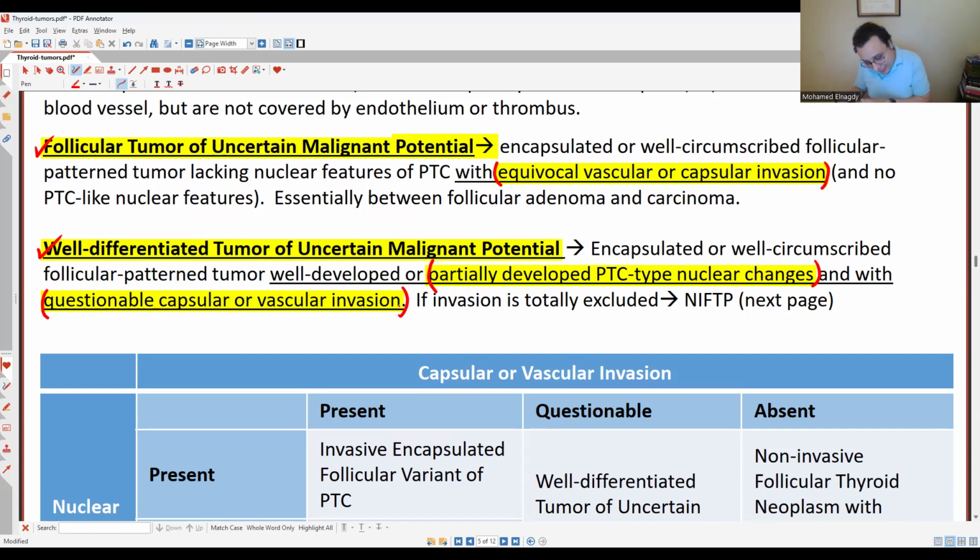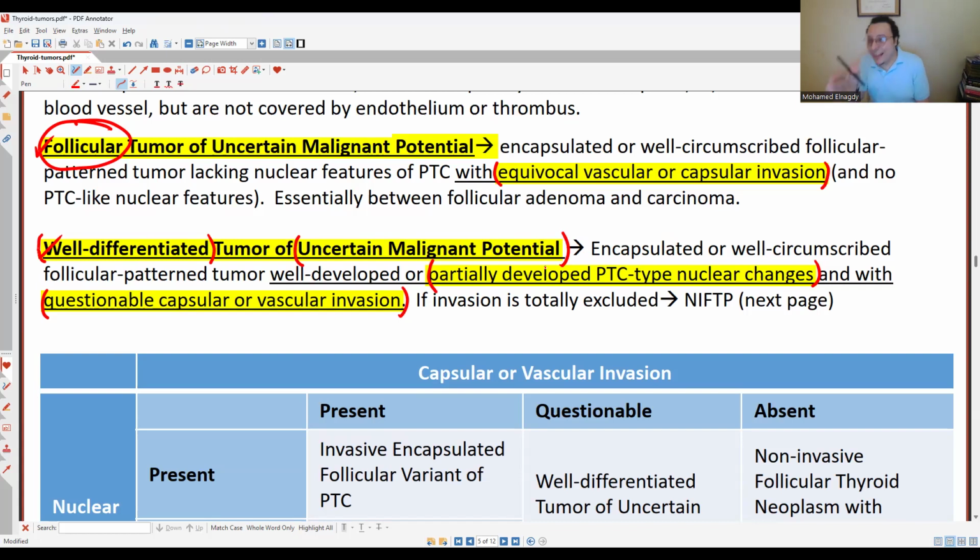So I cannot say for sure that this is follicular, and I can't say for sure whether there is capsular or vascular invasion. So they sign it out as well-differentiated tumor. Well-differentiated tumor means I'm not sure whether it's papillary or follicular. They didn't say follicular tumor like here. So here, I'm not sure whether it's follicular or papillary, and I'm not sure whether it's invading the capsule or the blood vessels or not.